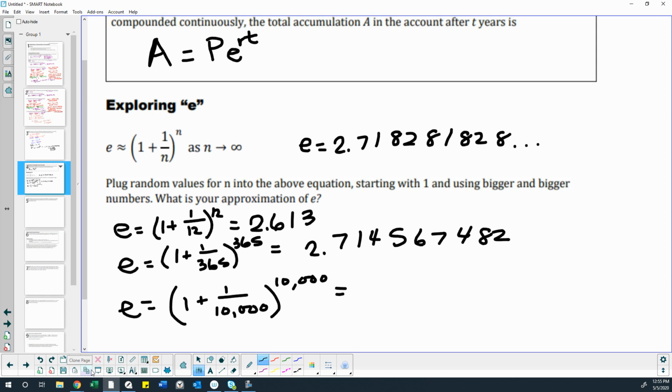So 1 plus 1 divided by 10,000, and then take that to the 10,000 power, and we get 2.718145927. So you can see how much closer and closer this is getting to the value of e in our calculator. So that's where this formula comes from, from replacing this value of e by increasing n infinitely close to compounding continuously.